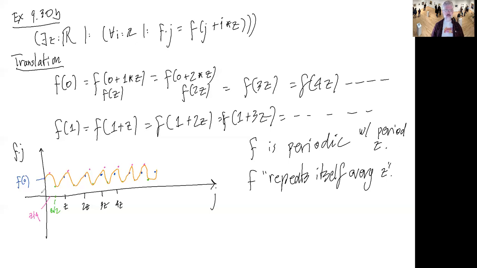Because f does whatever it does from 0 to z, and then it repeats itself from z to 2z, and it repeats itself from 2z to 3z. So the period, the length of the bit that repeats, is going to be z in this case. Okay. So that's that one.